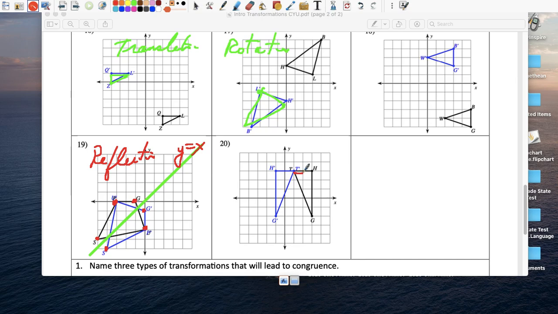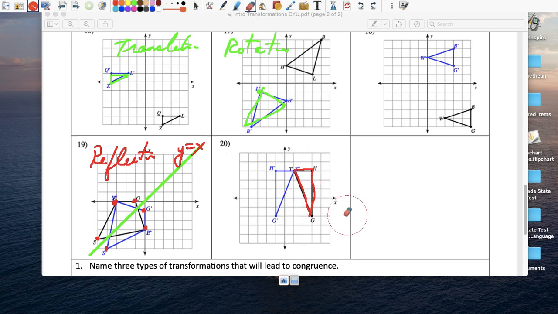So here, last one. Here is my triangle, and I want to see what kind of transformation led to the second triangle. Is it a rotation? Was it a translation? If it was a translation, it meant that somebody moved it left or right, up and down, and there's just no way of that happening.